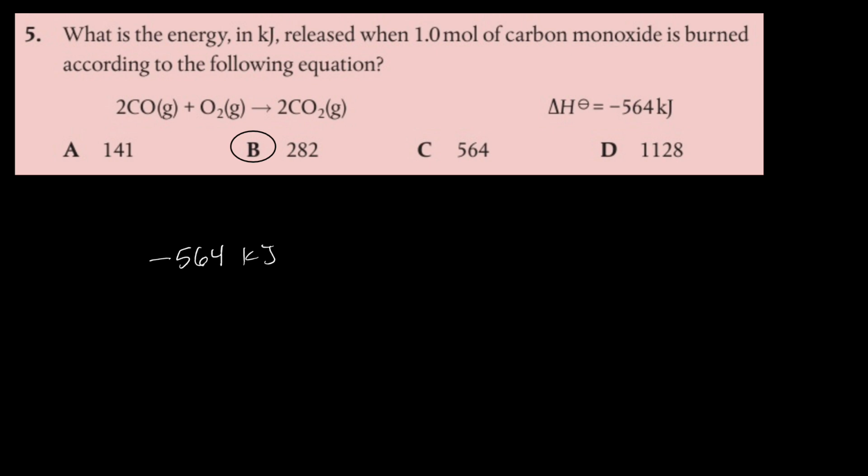Now, since 2 moles of CO releases 564 kilojoules, in order to find out how much is released by 1 mole, all we would have to do is divide this by 2, which gives us our answer of negative 282 kilojoules. Now this says how much energy is released, so the negative is already implied, so it's saying that 282 kilojoules are released, which is what this negative means. So the answer would just be 282 kilojoules of energy.